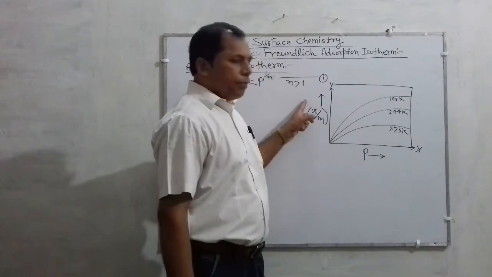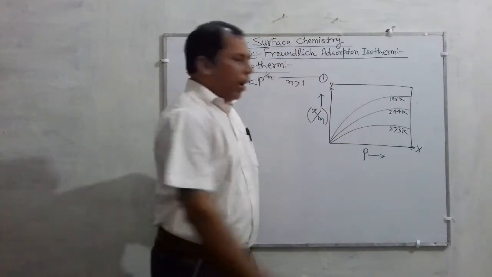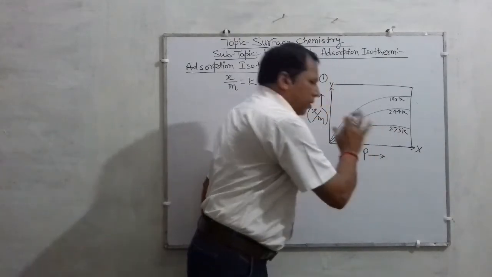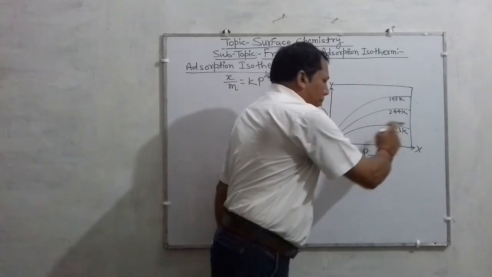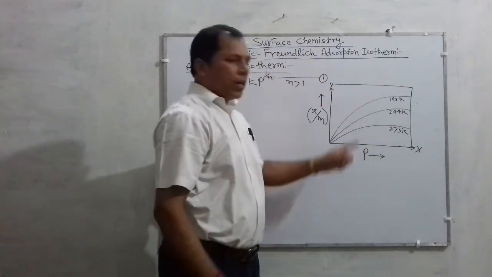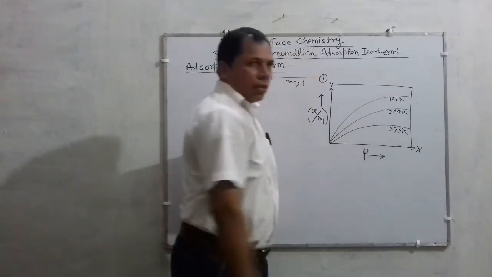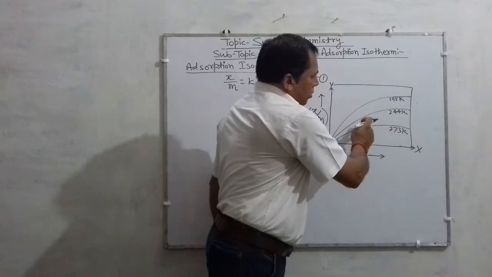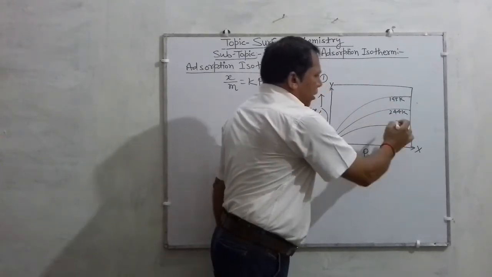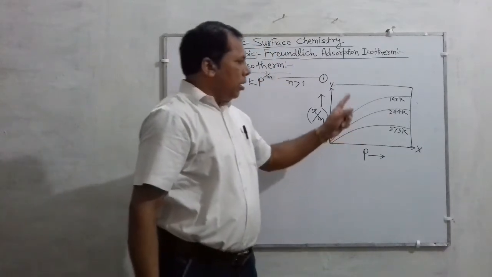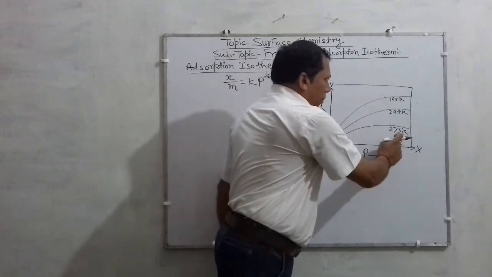When we are plotting x by m versus p and keeping pressure fixed, such a type of curve is obtained, and this curve clearly indicates that at fixed pressure there is a continuous decrease in the physical adsorption with the increase of temperature.